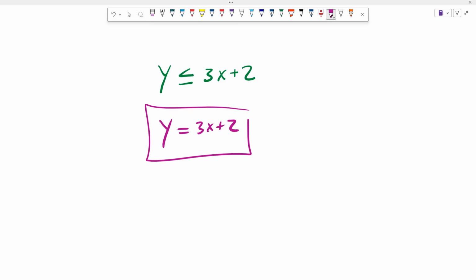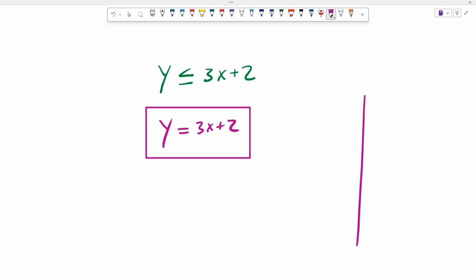How many solutions does this have? We went over this, right? Infinitely many, right? And we graphed the solution set.